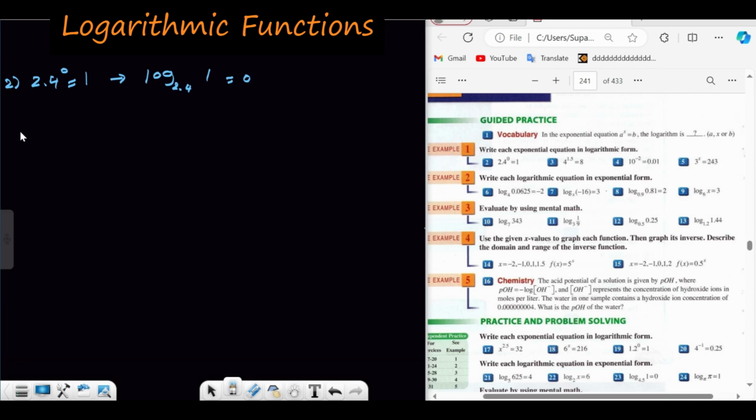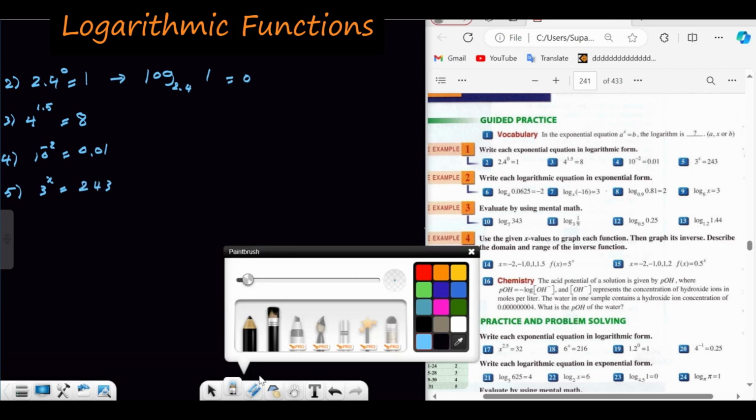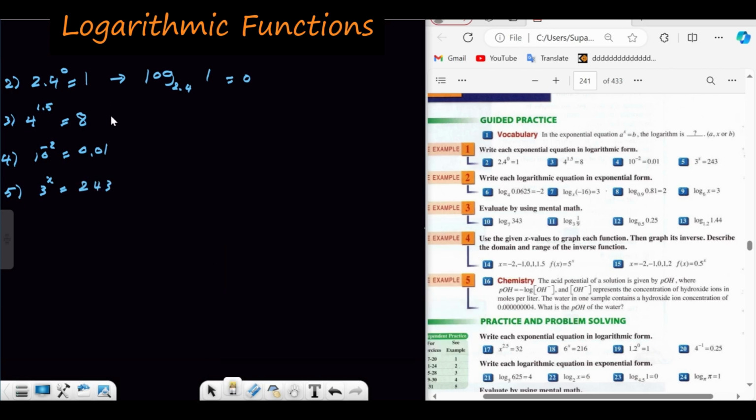Let's solve 3. Let's write all of them and then solve them. First write log, and our base is 4, and the result will be 1.5, and the remaining we have 8. That's it. It's as simple as that.